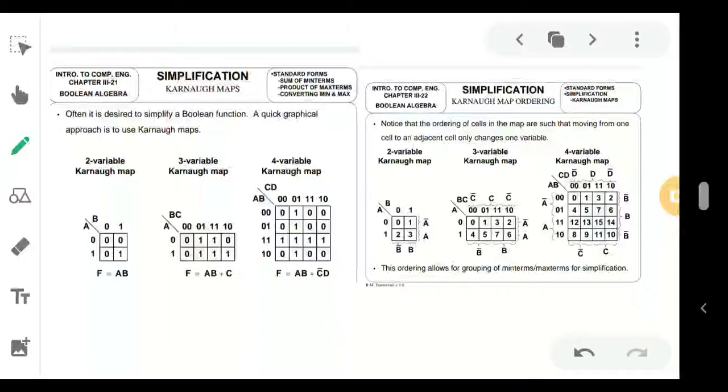You don't need to remember all those rules, properties and laws when you are finding the simplified Boolean expressions. Okay, so the Karnaugh map is the solution for you. Using the Karnaugh map, you can easily find the simplified form of a Boolean expression.